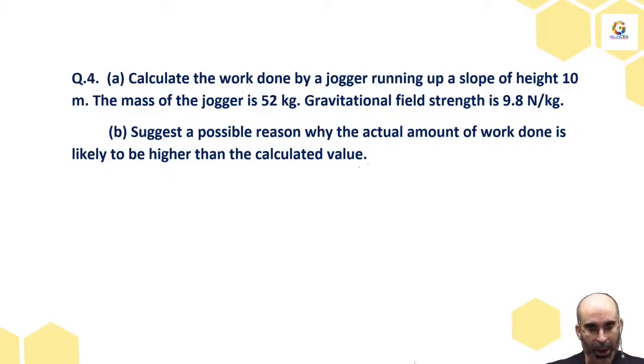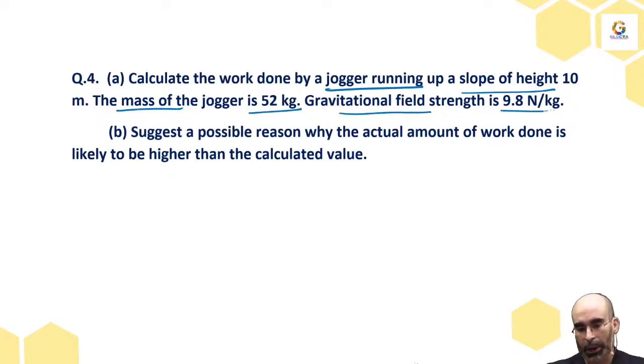Calculate the work done by a jogger running up a slope of height 10 meter. The mass of the jogger is 52 kg. Gravitational field strength is 9.8 Newton per kg. Work done.